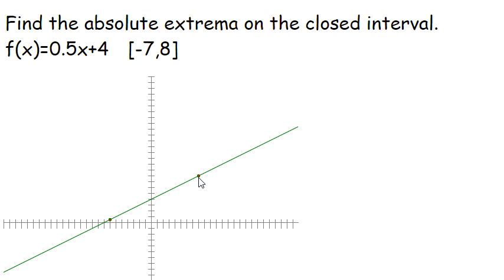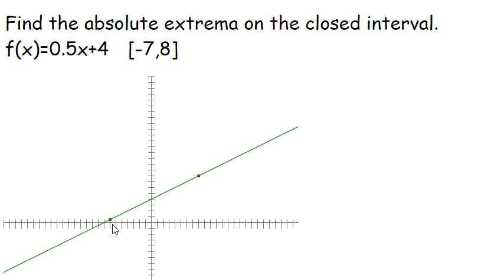Okay, so absolute extrema, we're talking about minimum and maximum, the largest value and the smallest value in the set. And that set is actually the set of all f of x, where the x, the domain, is the interval right here.